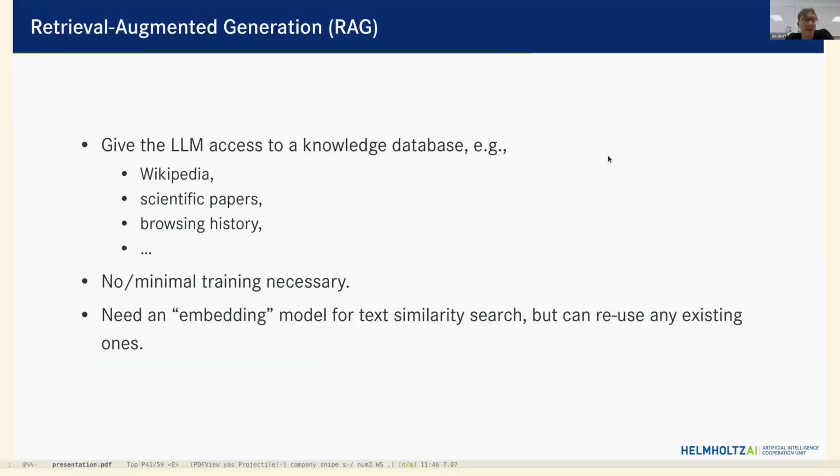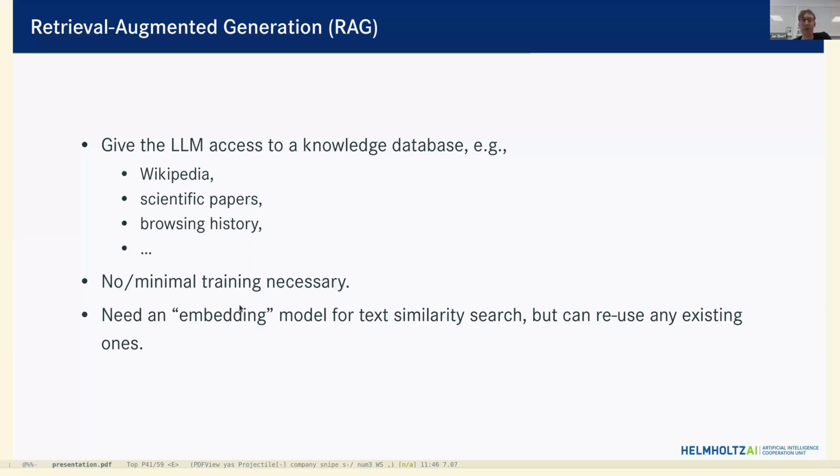Another thing we can do to make our large language model stronger is to give it access to a knowledge database. For example, our large language model can learn to use Wikipedia or to read from scientific papers or check our browsing history for things we may have forgotten. The big advantage of this RAG, this retrieval augmented generation, is that you don't really need to train anymore.